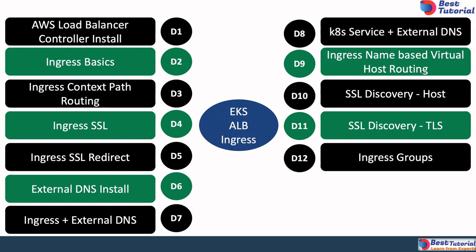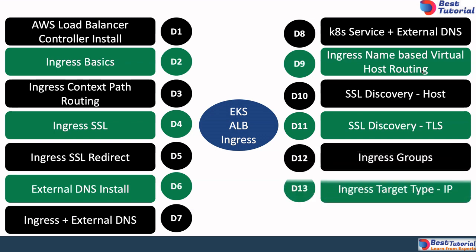And after that, we are going to implement Ingress groups. With Ingress groups, the large configuration of Kubernetes Ingress manifest can be split into small Kubernetes manifests, and we can create multiple Ingress resources and combine them to a single group with a priority order. We are going to learn that in detail as part of demo 12.